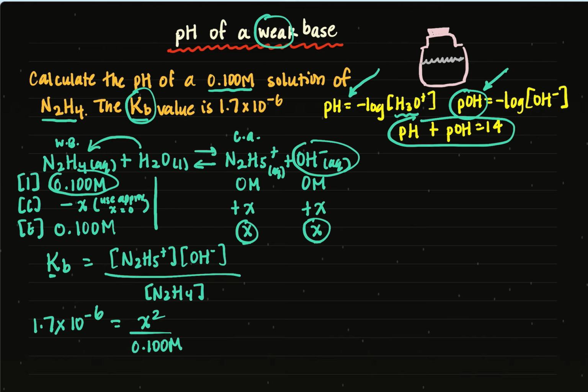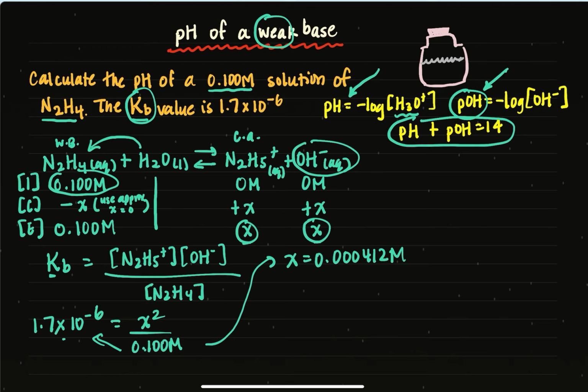So if I do a little bit of simple algebra, I'm going to move the denominator up. I'm going to multiply these by each other. And then I'm going to take the square root. So let me just do all of the math in one step. x will equal 0.000412 moles per liter. And the x value is your hydroxide concentration.